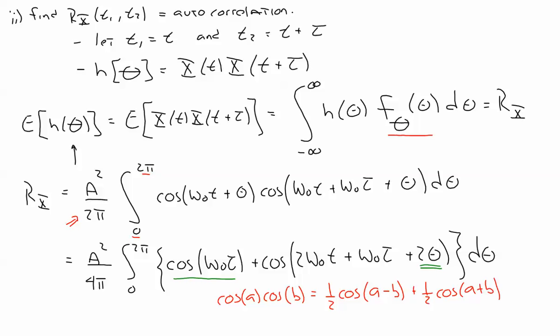So my second cosine function inside of my integral goes through 2 pi 2 times. All right? The second piece of my integrand integrates exactly to 0. It goes through 2 full cycles when little theta goes from 0 to 2 pi.